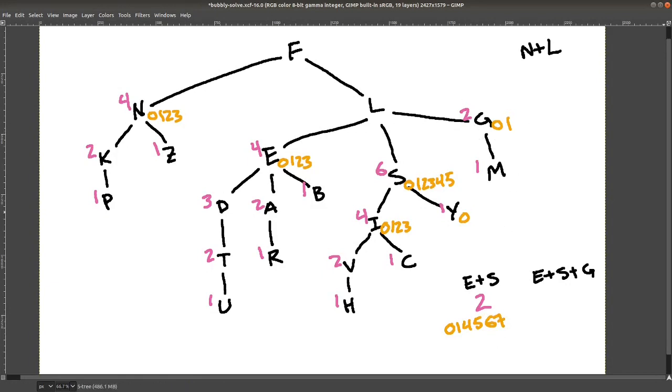2 XOR 2 is 0. And we need to get 2 XORed with each of these. 2, 3, 6, 7, 4, 5. Okay, all right, so since L contains E plus S plus G, L is 0, 2, 3, 4, 5, 6, 7.